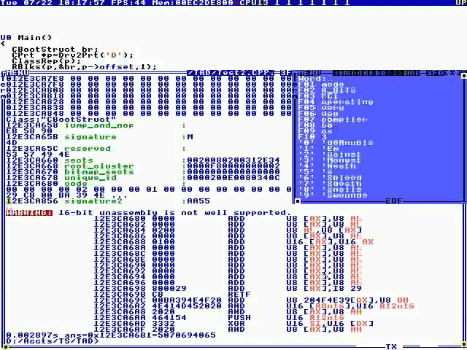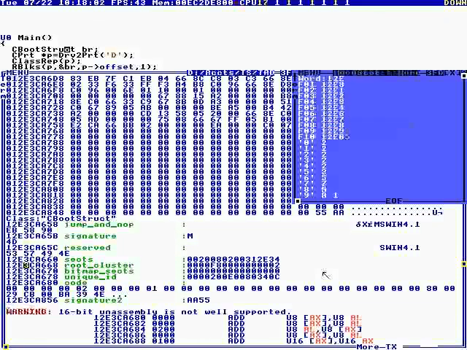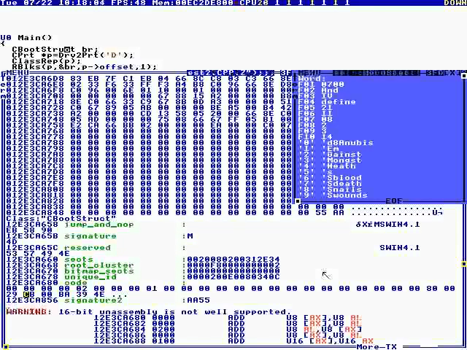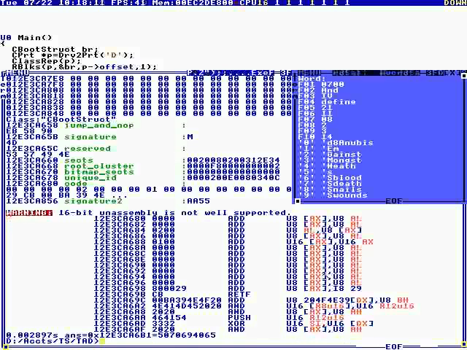Signature. Oh, it's correct there. Look at that. Code. I don't know. Oh well.